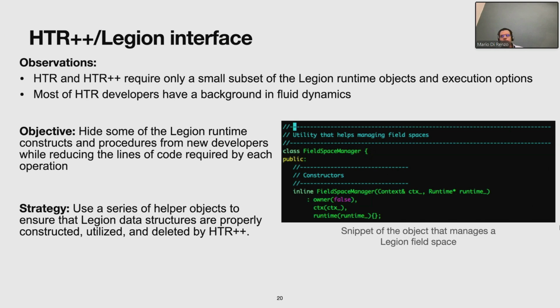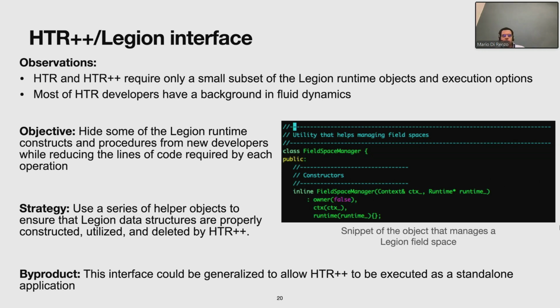For instance, we have this manager that creates the field space and registers all the fields that we want to add to a region. This has the advantage that it takes care automatically of destroying the field space, and simplifies the number of operations that at least a new developer has to do.